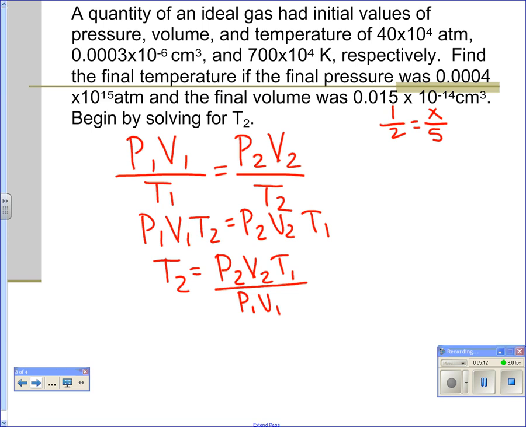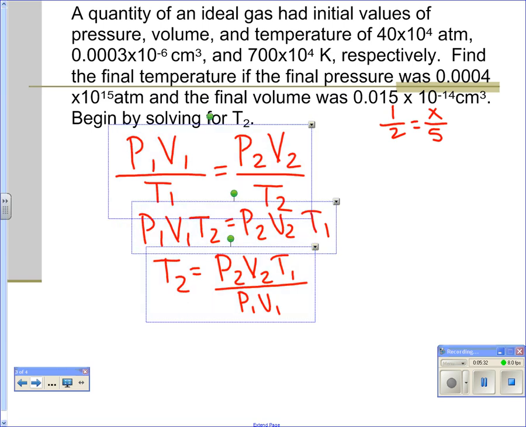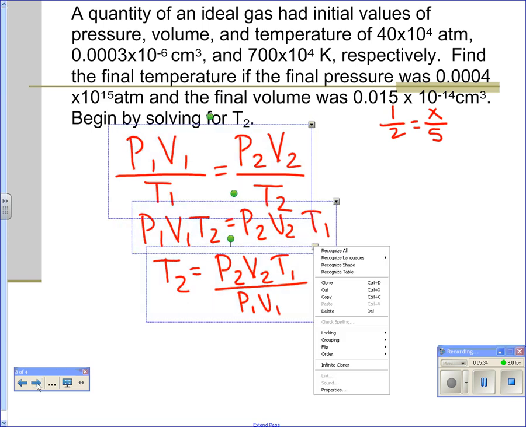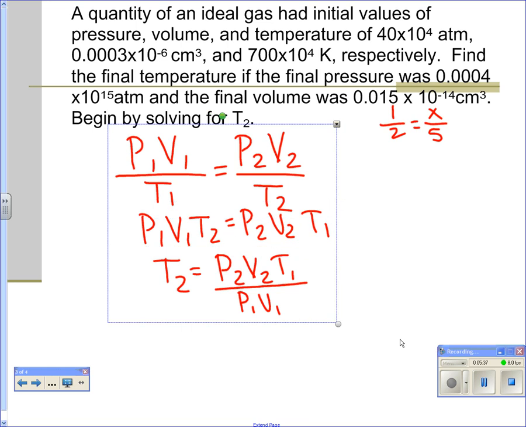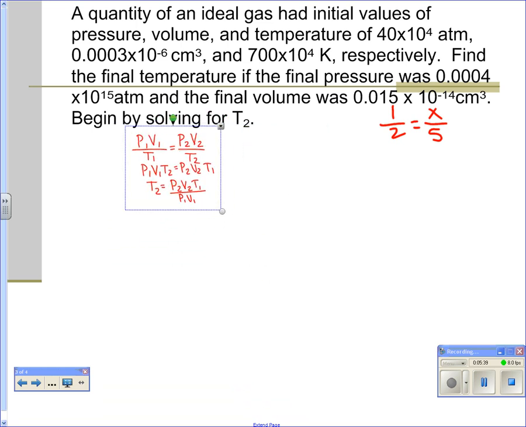Does that make sense? Do y'all see how that works so far? Okay.